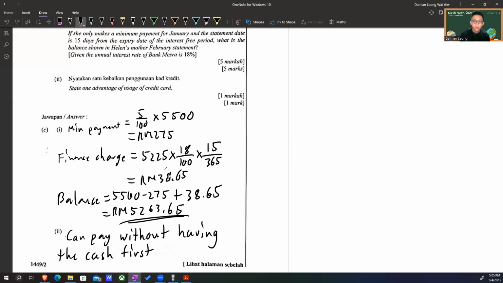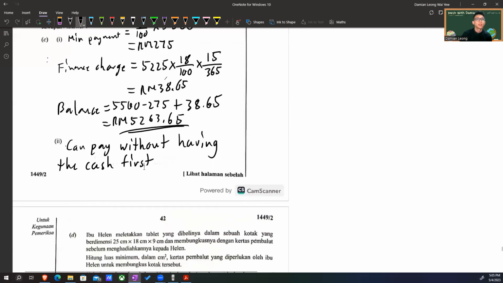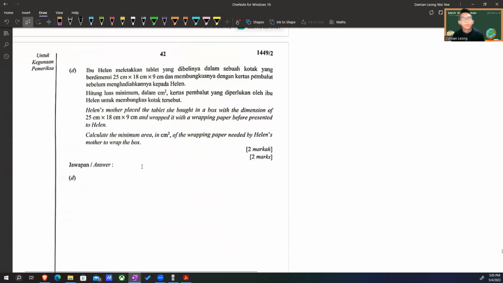Means even if you don't have the cash at the moment, your salary haven't come in, you don't have the money. Next week only your salary comes in, you still can buy it first because maybe now there's a promo, there's a discount. Pay now, you get cheaper. Yeah, but your salary haven't come in, so you actually cannot afford it at the moment, but you know it's gonna come in 1 week, so you can use it to pay first. That kind of thing. Okay. But yeah, you can talk about others also. Like no need to carry cash, rewards and cashbacks, withdraw money from ATM, anything that's logical.